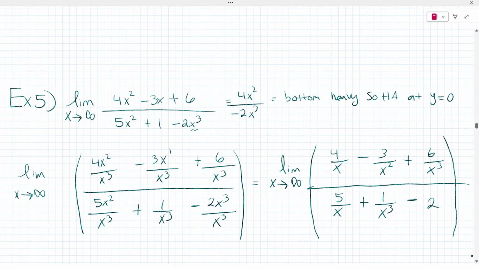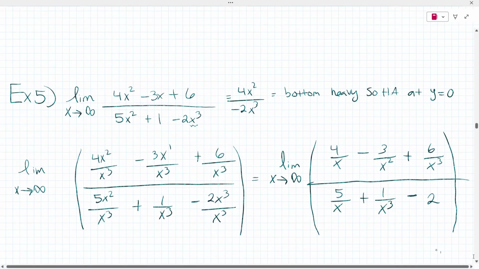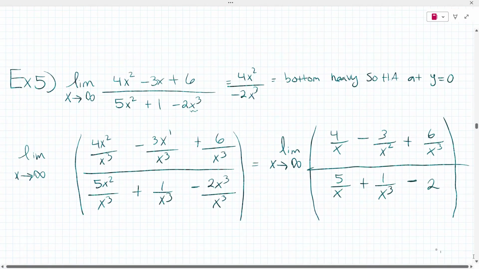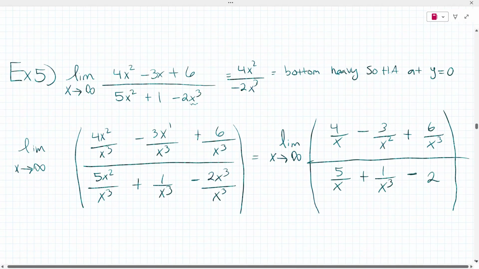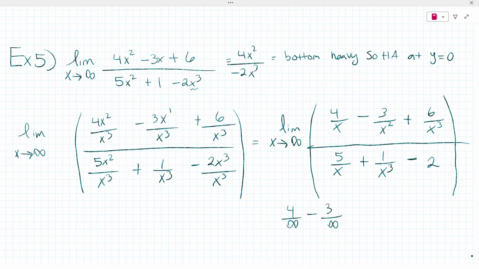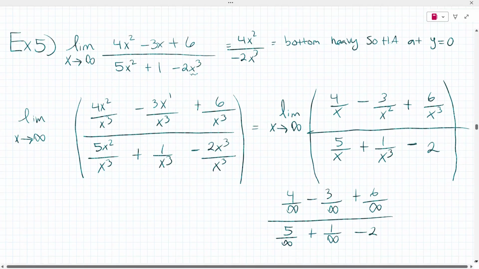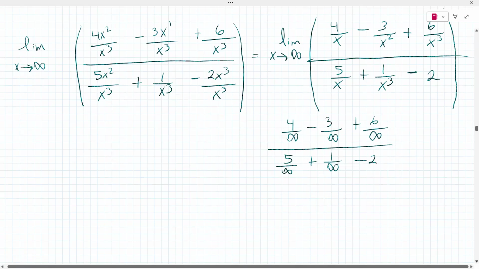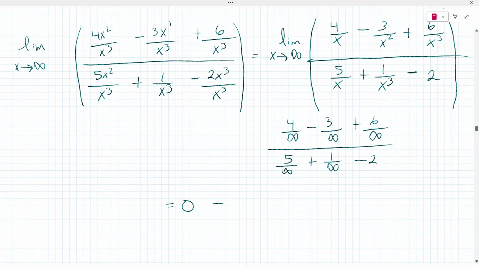Now go ahead and plug in infinity for x. So it's going to be 4 over infinity. Okay, so 4 over infinity is 0. -3 over infinity is -0.